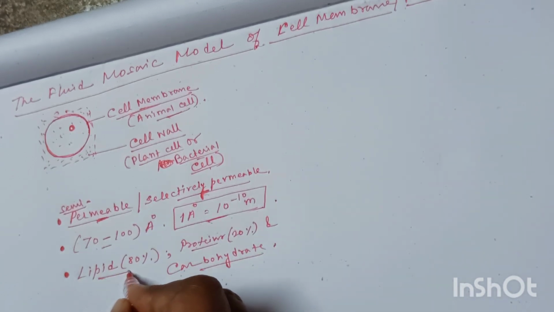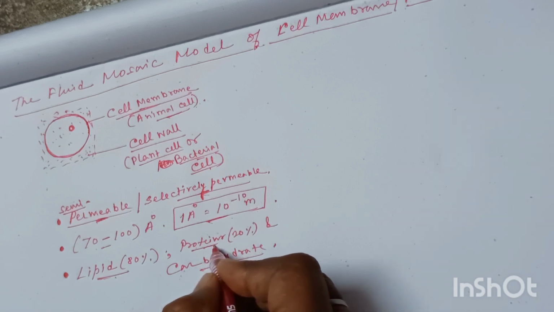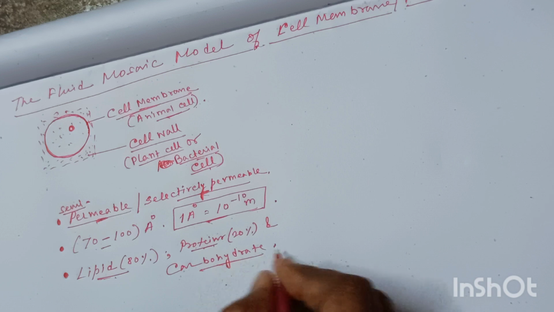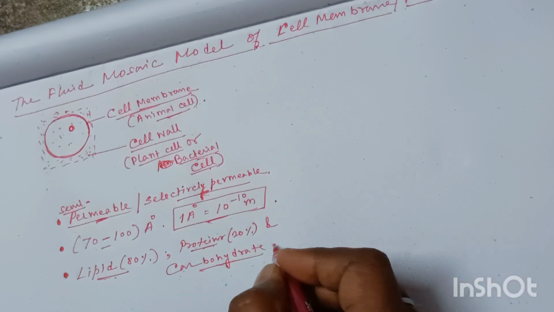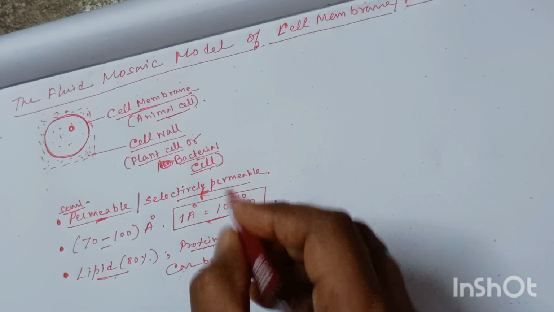In lipid, mainly phospholipid and cholesterol are present. In protein, structural protein and carrier protein are present. And carbohydrate, glucose molecules, are present in a rare percentage.